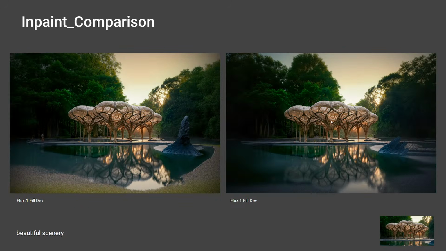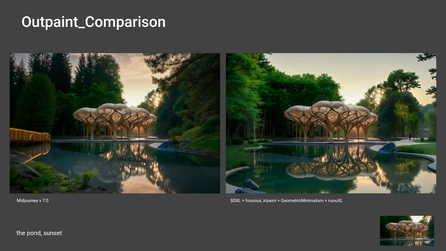But my favorite in this case is Flux Fill actually. Flux Fill really creates nice atmospheric images, and for Outpaint it doesn't add new objects where I don't require them. The prompt is really simple here, beautiful scenery, and it creates images like that, so nothing bothers me here.